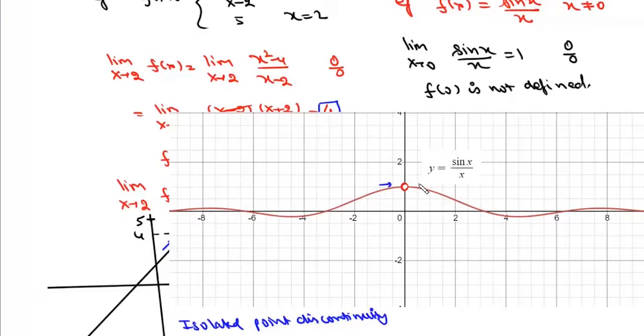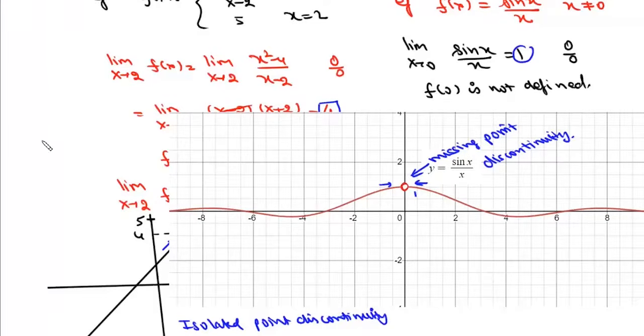both the limits, left hand limit and right limit, they exist finitely and the value of this limit is 1, but function value at 0 is missing, and therefore this is called as missing point discontinuity.